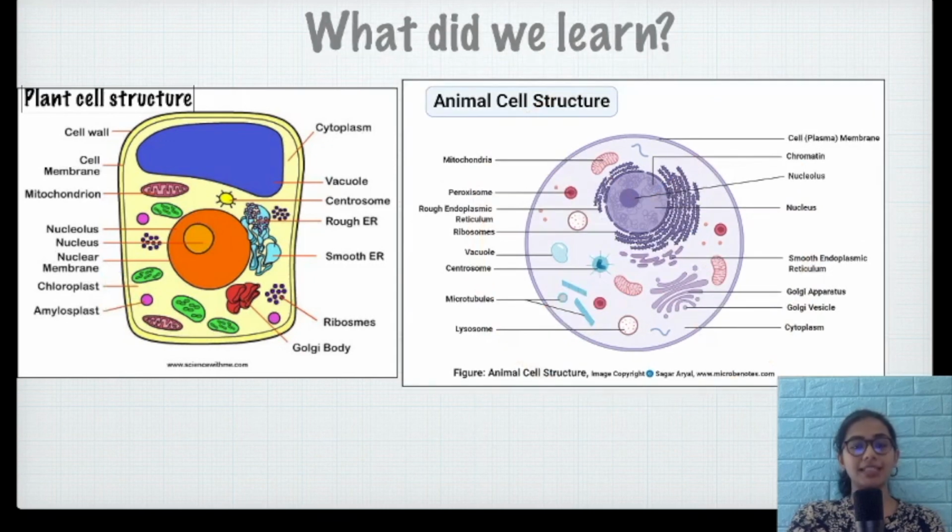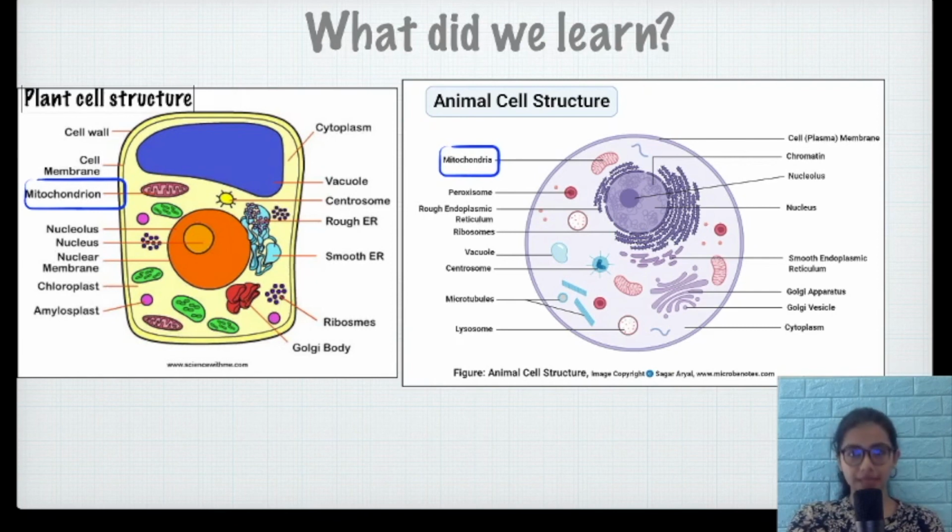So that's it for today's class. What did we learn? We learned about mitochondrion, its significance for both the cell as well as for us as organisms. And we also stepped out of our textbook and learned how to keep them healthy so that we can be healthy. And then we learned about its structure, its function. We learned that they are powerhouses and that they give out the energy currency, that is the ATP.